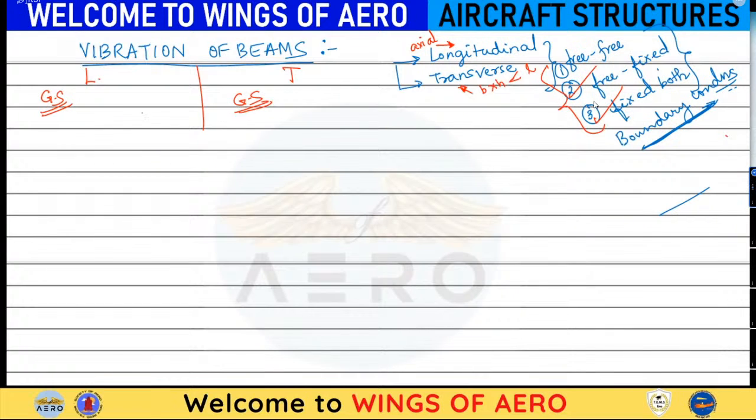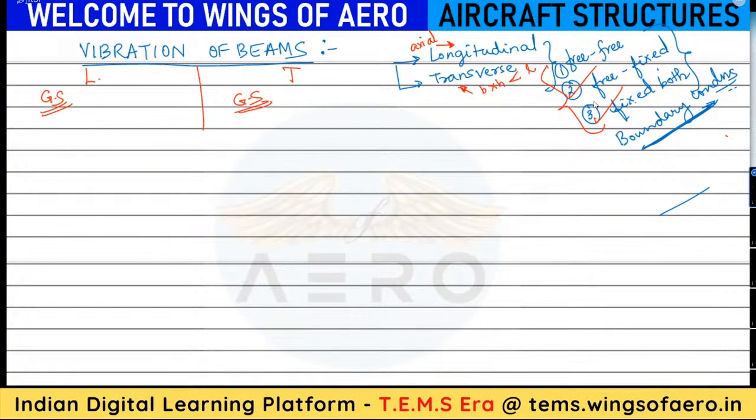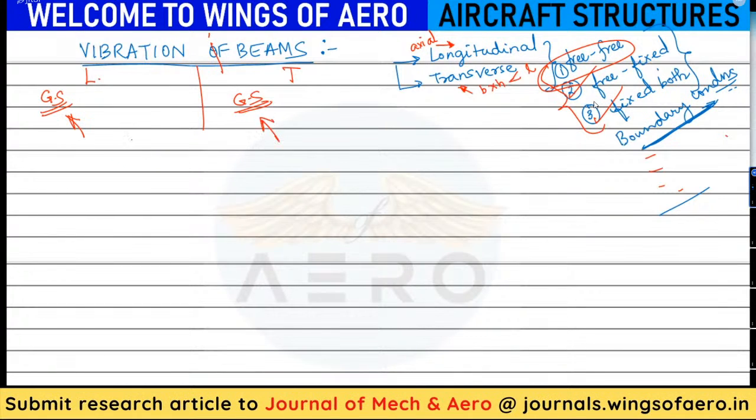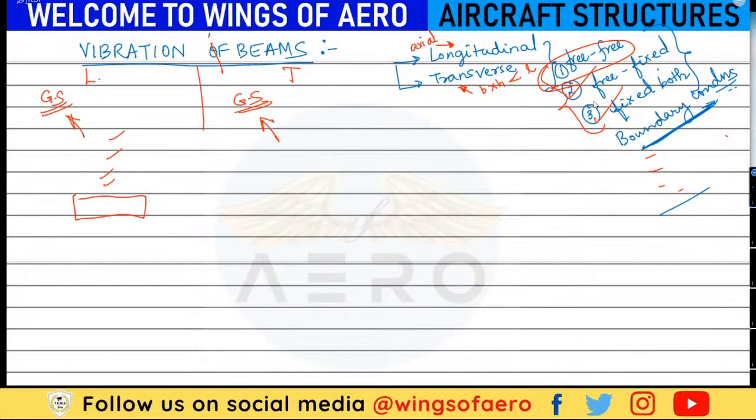After the general solution, based on the category they have asked, we need to apply the boundary conditions in the general solution, solve the equations, and we will get some final equation. That is our main requirement.